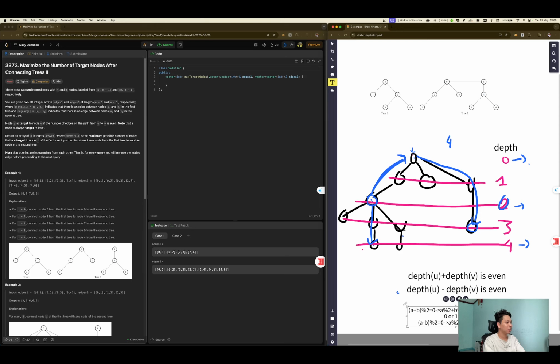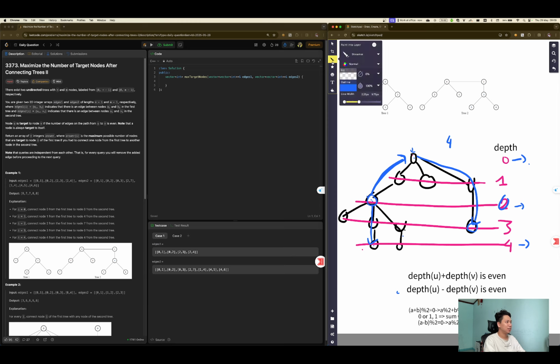So it's going to get the sum of two in modulo two. So that proves that all the nodes with the same parity depth have the same answers.